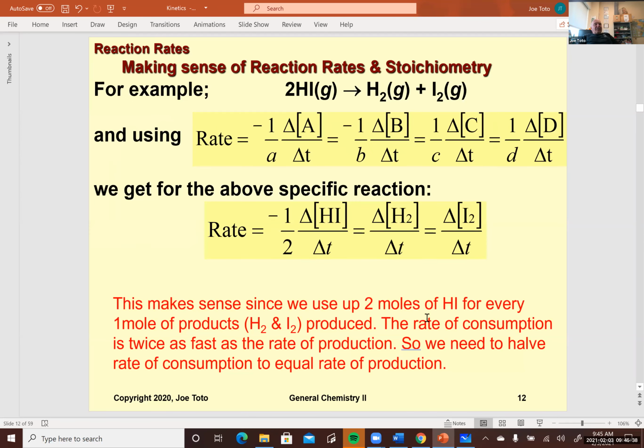Then we looked at a specific example of this reaction where we have 2HI going to H2 gas and I2 gas.